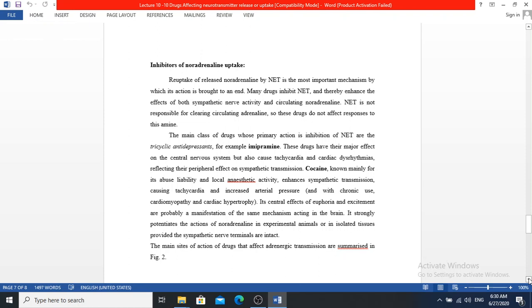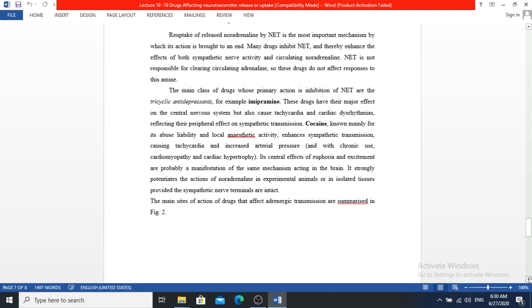Many drugs inhibit NET and thereby enhance the effect of both synaptic nerve activity and circulating noradrenaline. NET is not responsible for clearing circulating adrenaline, so these drugs do not affect the response to this amine.